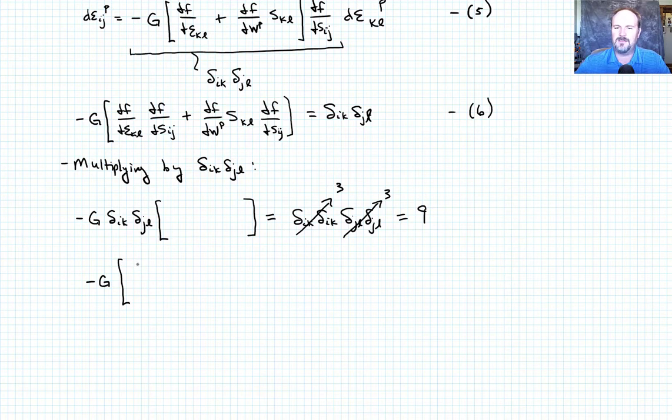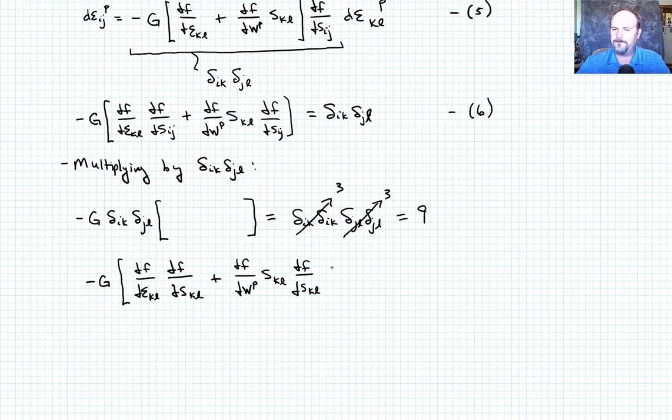So I can write this as the partial of f with respect to epsilon kl times the partial of f, now swapping the i and the j for a k and an l, with respect to skl, plus the partial of f with respect to the plastic work times skl. Do the same thing here, partial of f with respect to skl. Okay, that's going to be equal to 9.